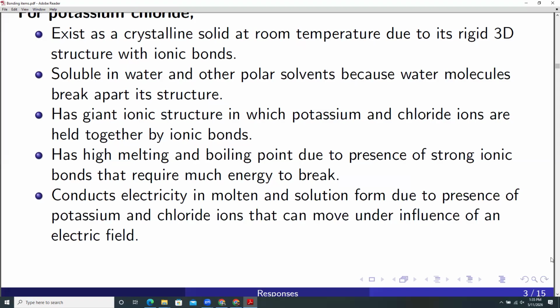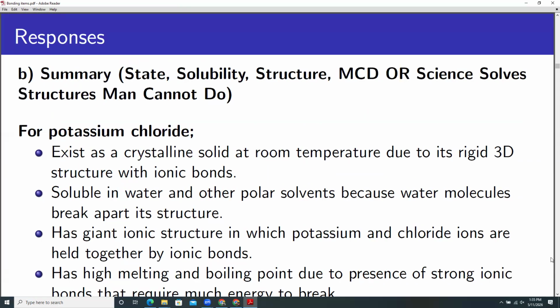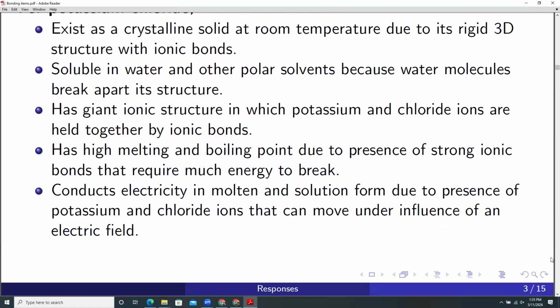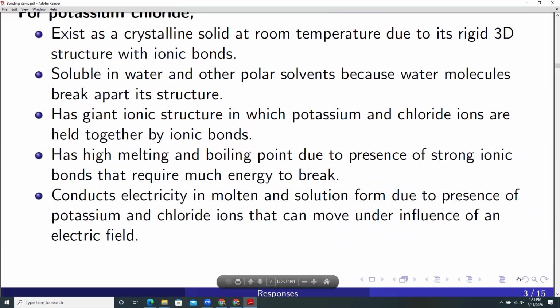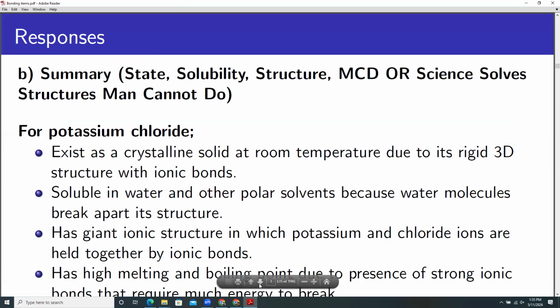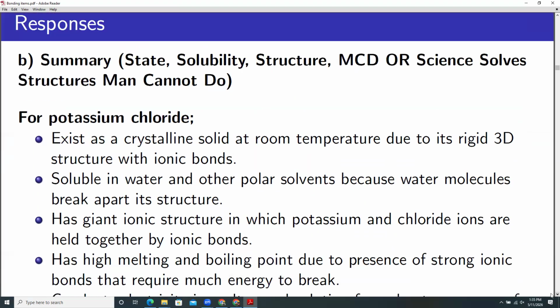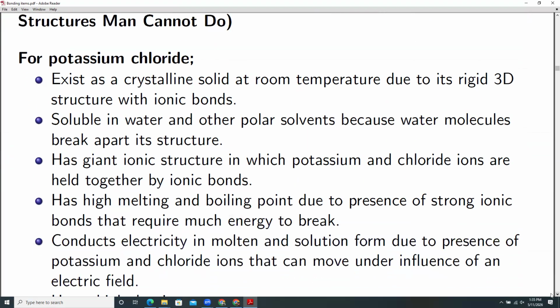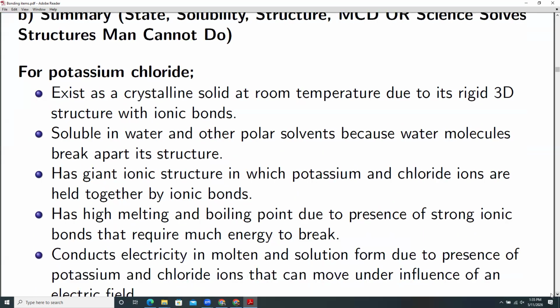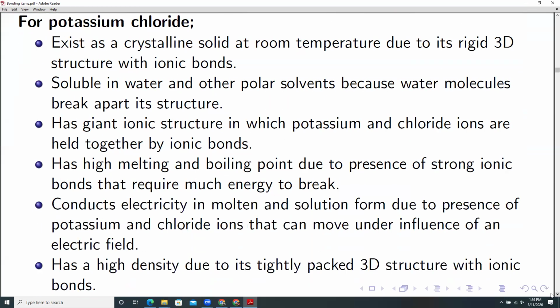Then what else? We are left with the D, density. Potassium chloride has a high density.